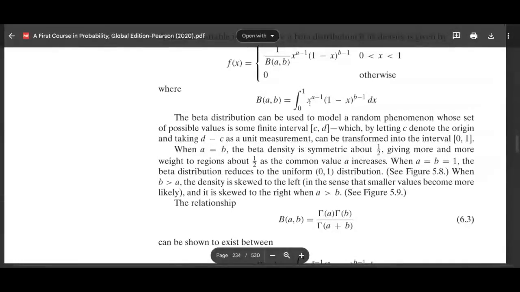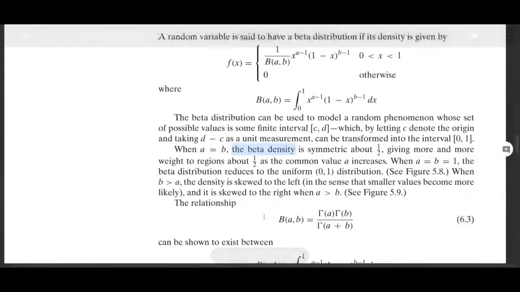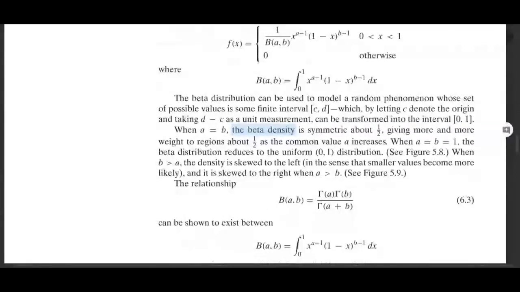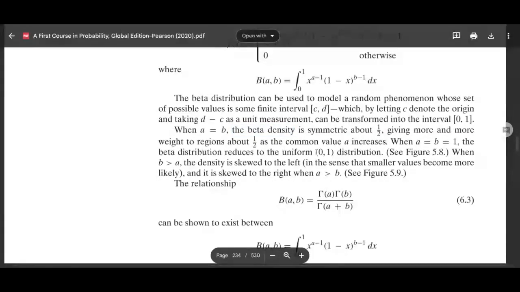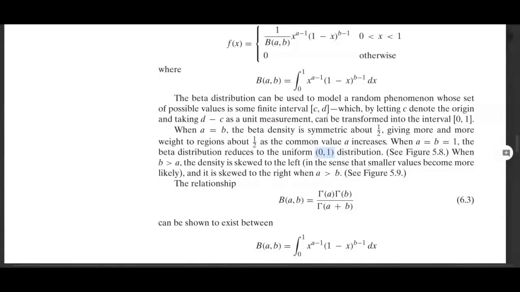Okay, let's see. So when A equals B, the beta density is symmetric about half, and gives more and more weight to regions about half as the common value A increases. When A equals B equals 1, the beta distribution reduces to the uniform distribution from 0 to 1. Right? If it's 1, this is x raised to 0, this is raised to 0, this is 1 dx, so that becomes uniform.